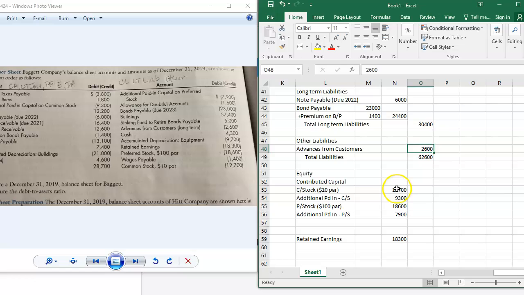Okay, so now what I'm going to do here, actually, all these numbers, I'm going to slide in. All right. And I'm going to add them up to get total contributed capital.